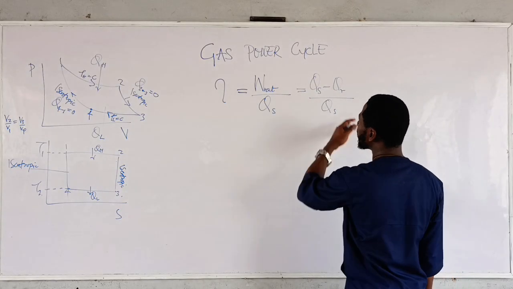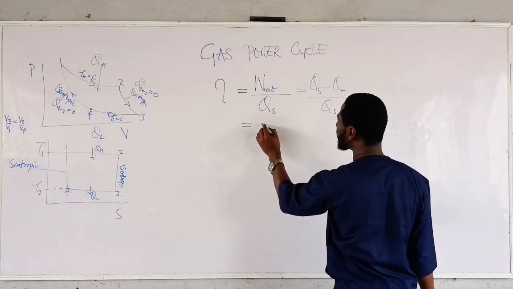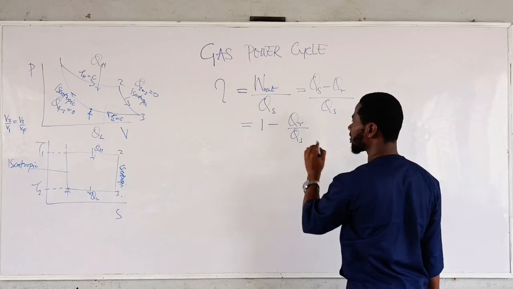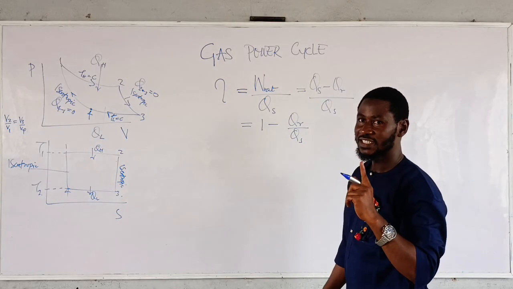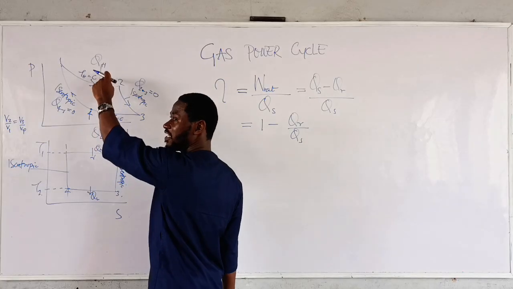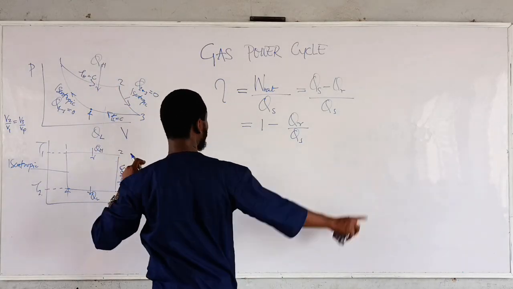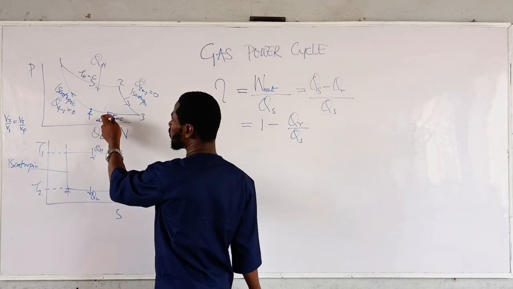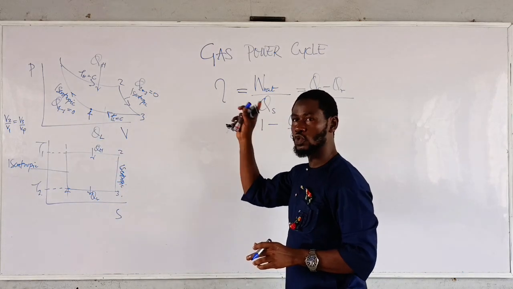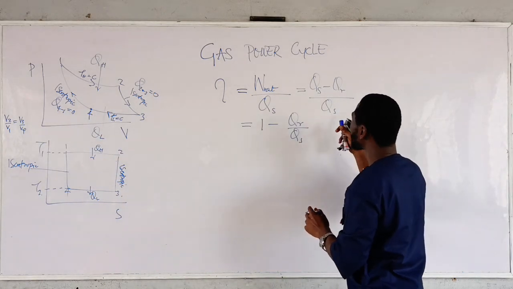At this level, something can cancel out. We have 1 minus QR over QS. Don't forget, from the diagram, this is where heat is being added, representing QS, and this is where it is being rejected, that is Q1 to 2.